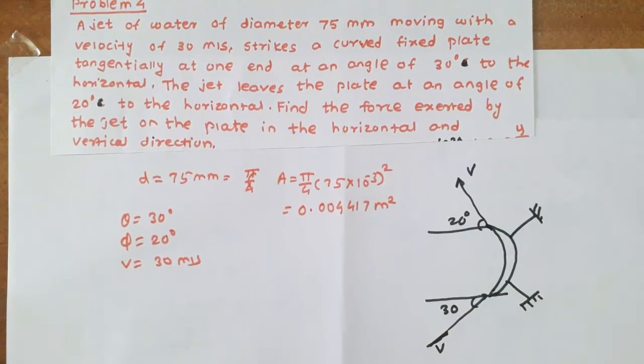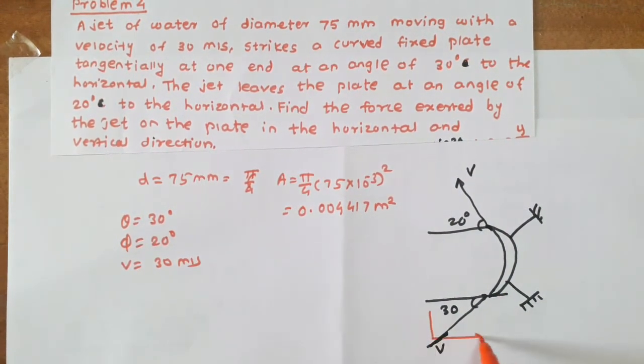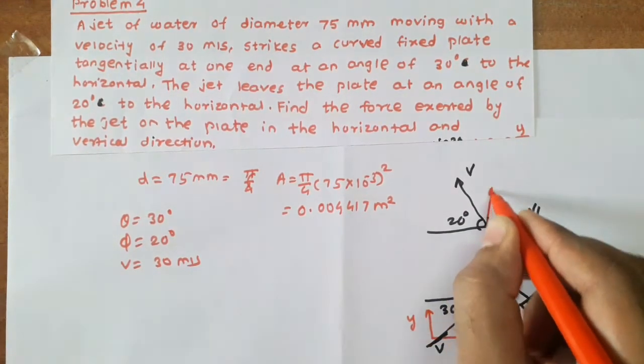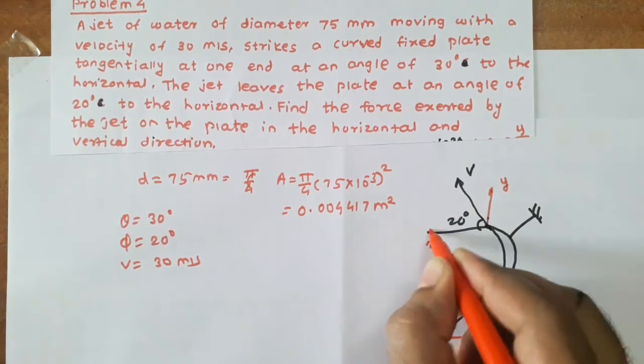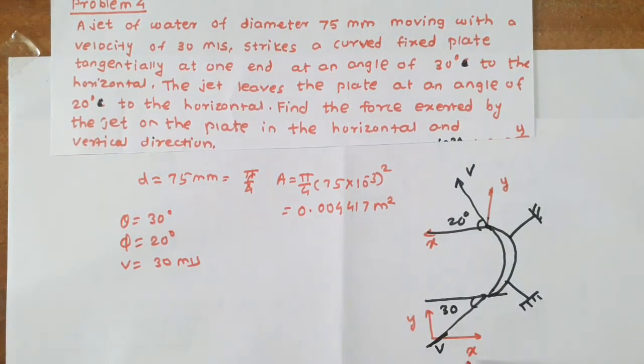Now you have to resolve this velocity along x. It is your x direction and it is your y direction. Similarly, it is your y direction, and it is your negative x direction. Okay, so the x direction is positive and this is negative, and this angle is 30 degrees. Both the angles are the same.